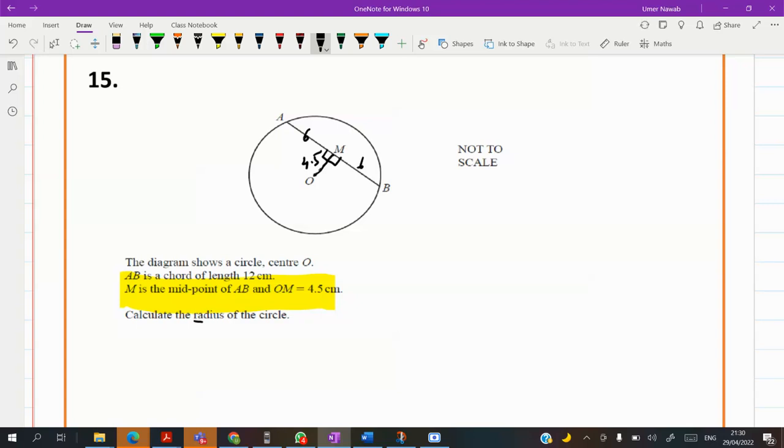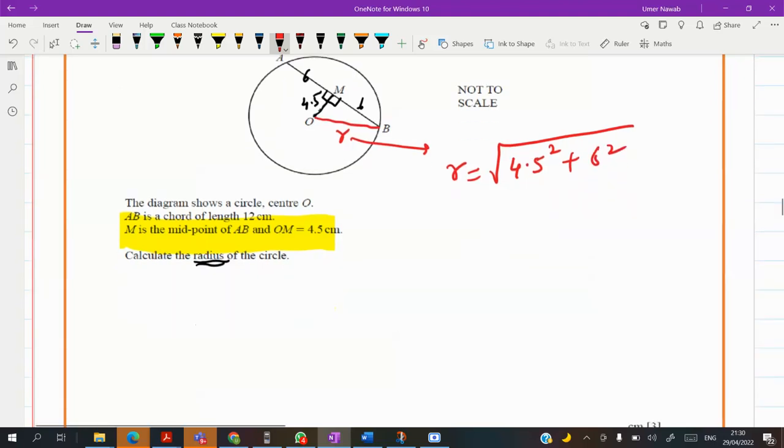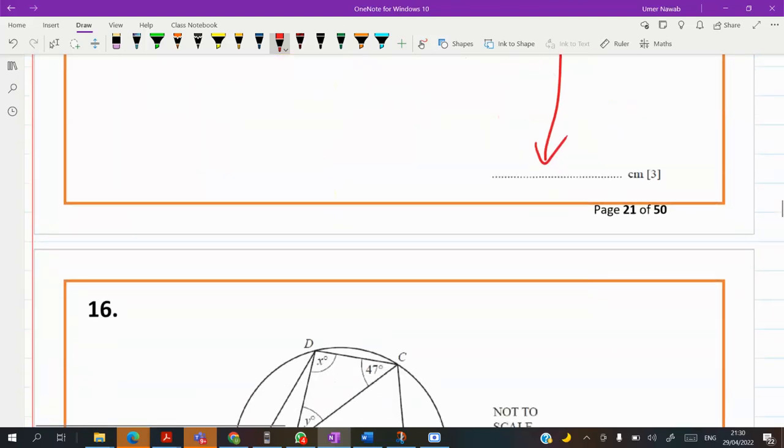Can I find the radius? Didn't I mention in a previous question when this type of a property was used, examiner may ask you what is the radius of a circle. So radius using Pythagoras, radius is equal to the square root of the sum of the squares of the two shorter sides, 4.5 squared plus 6 squared, and then you get your radius.